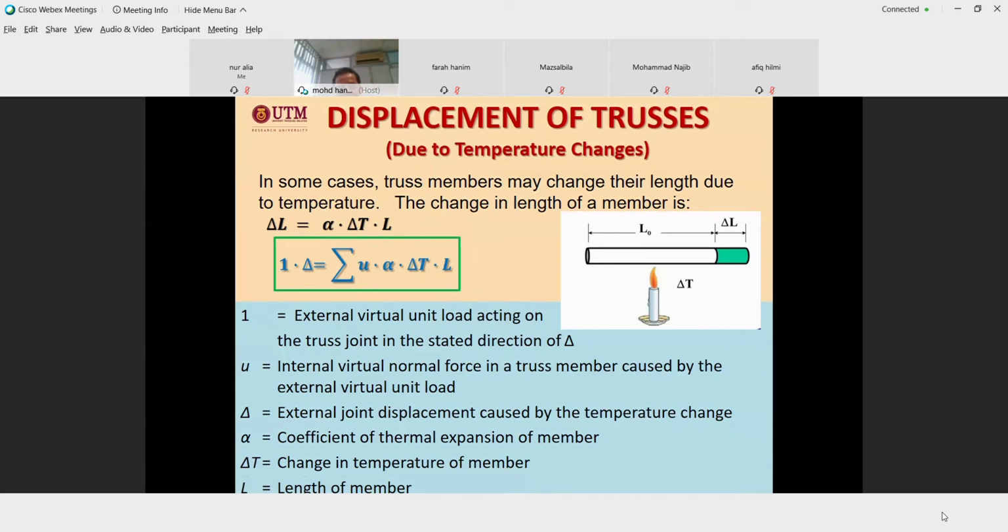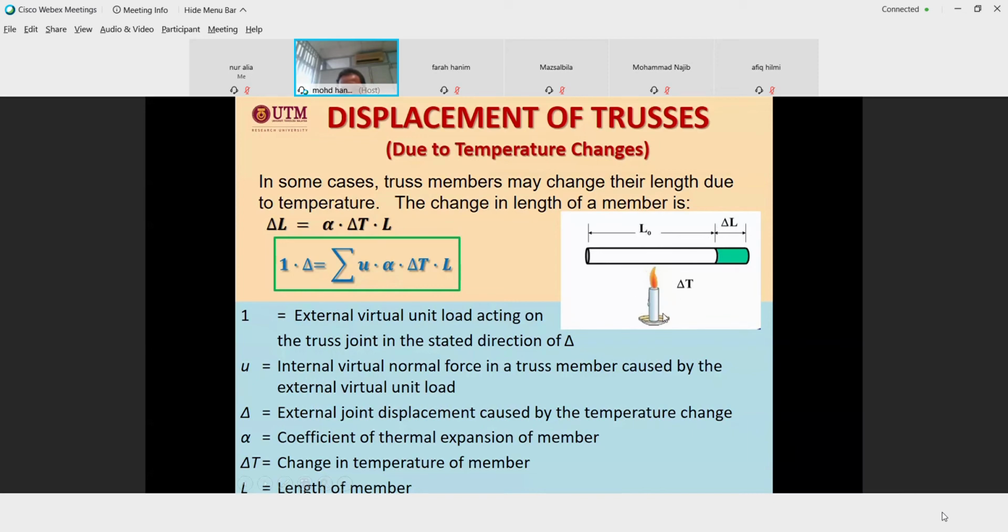If there is no change in temperature, there will be no deformation, no change in length. Okay. And L is the length here. So this is the original length.